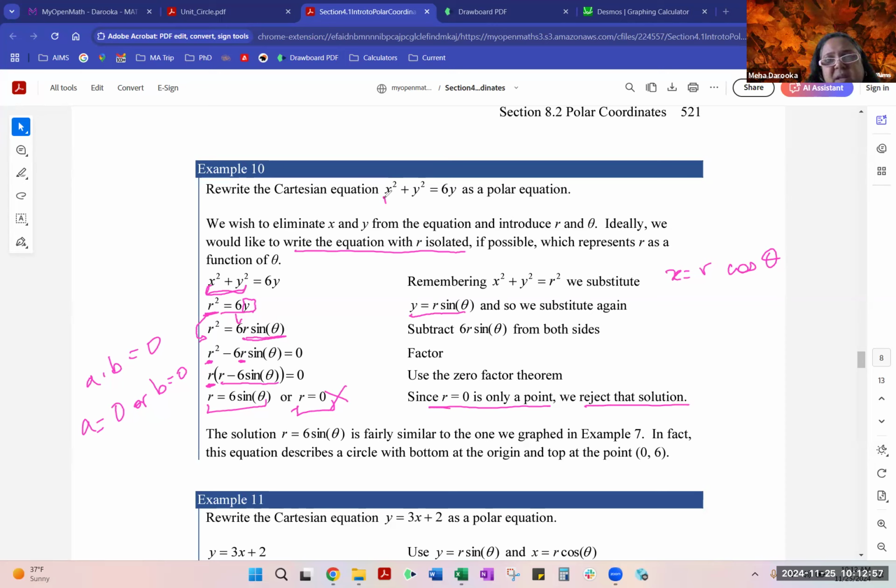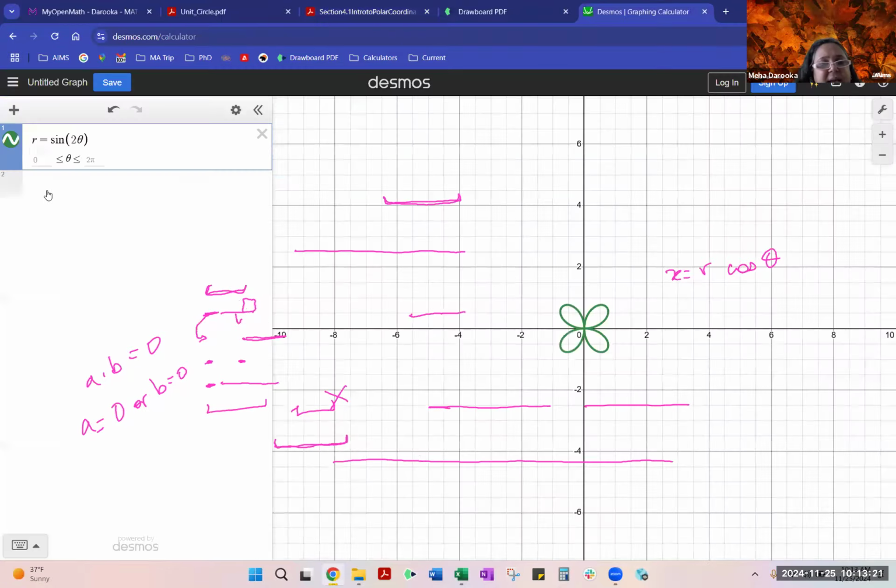So this would be where we are rewriting this equation as a polar equation with r equals 6 times sine of theta. And then they're basically saying, in fact, this equation describes a circle with a bottom at the origin and a top at 0, 6. And, again, you can do a quick graph over here to check that.